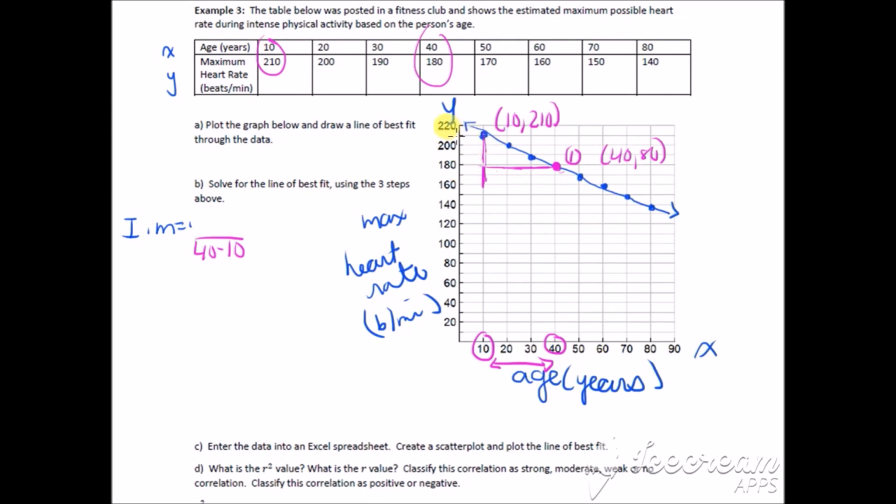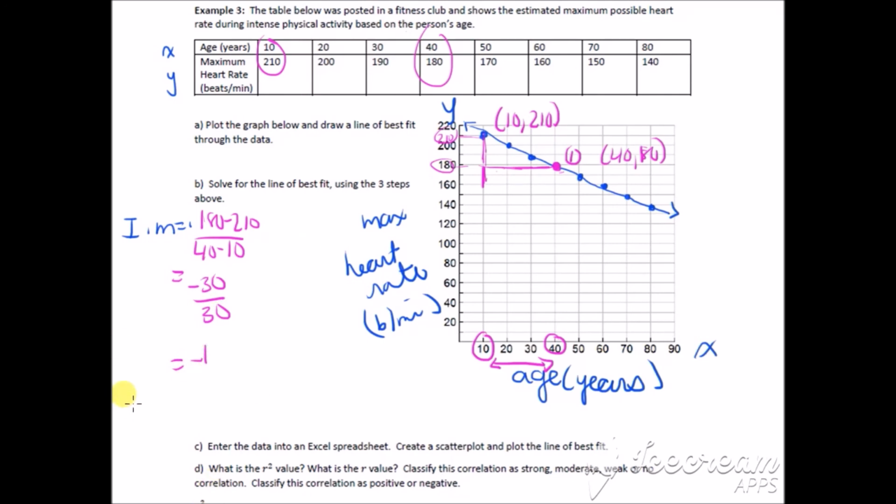And then the rise here is going to be 210 to 180, right? But we're going to start with this point here. So 180 minus 210. So what we get here is negative 30 over 30, which we get negative 1.